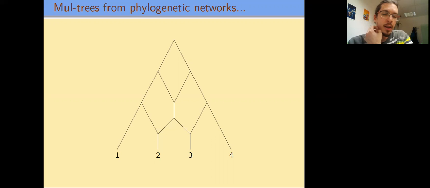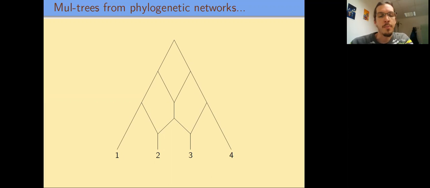You can basically record all the paths from the root to a leaf by disentangling all hybrid vertices. So basically, each hybrid vertex, you separate the incoming arcs, and you duplicate everything that lies below the hybrid.